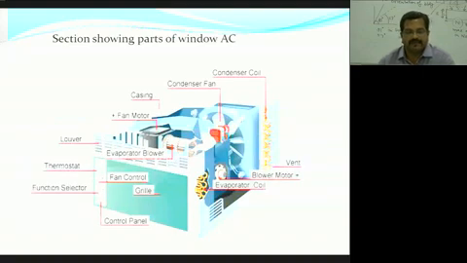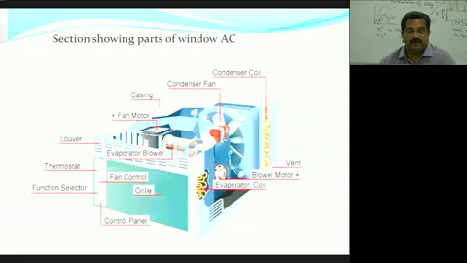Here you can see in the section various parts of window AC. The left green portion is showing the inside part, inside of the room. This will be the grill inside the room. Here we have lower of the grill, and we have few control switches where we are having thermostat, fan control, and various function selector.